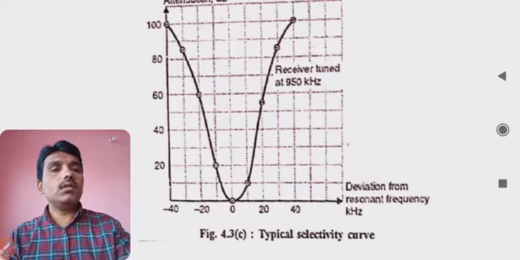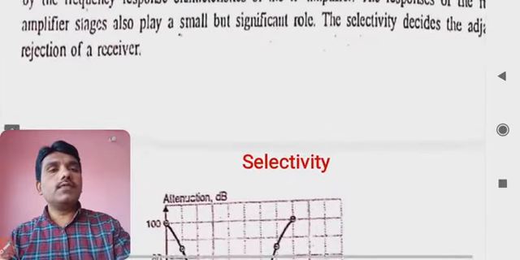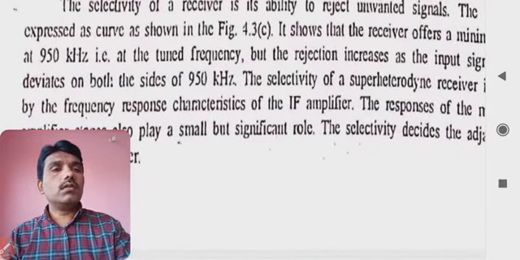Wherever this curve is narrower, the selectivity is fine or superb.